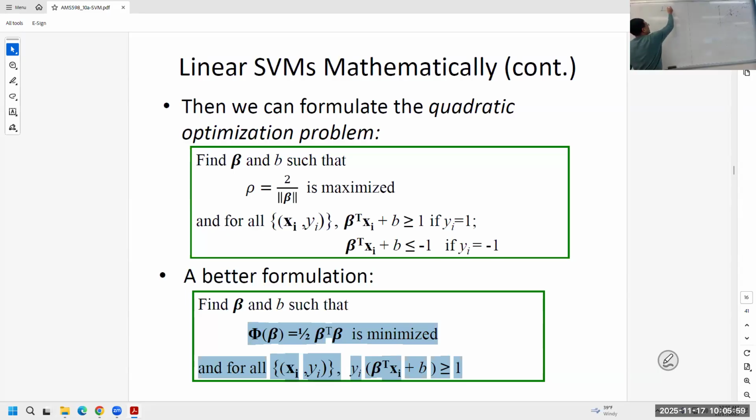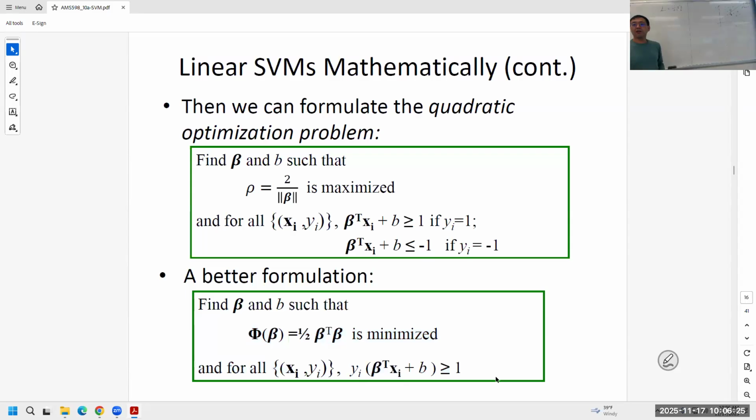So the Lagrangian function essentially is half beta transpose beta, plus lambda times the inequality, and the lambda has to be bigger than 1. So how many inequalities do I have here? Suppose I have n data points.